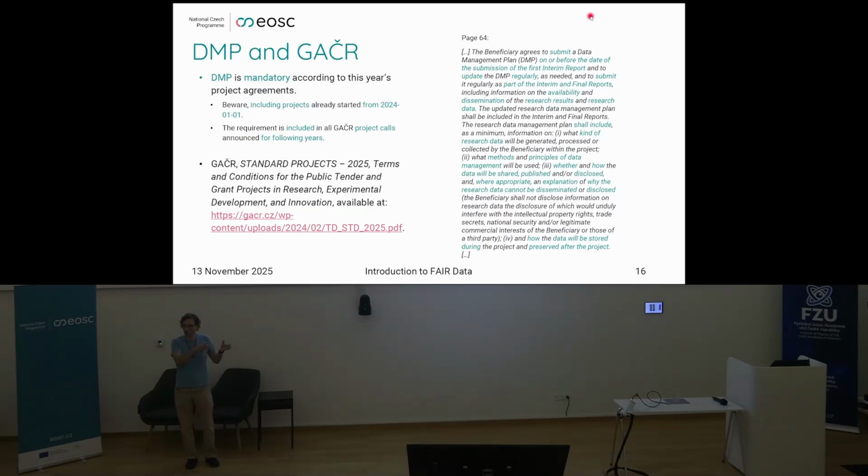And you should reflect it in the data management plan. So it's not only a plan, but it should also be a summary of the current practice in the project. So it's usual that the DMP updates are submitted regularly as part of interim reports, for example.